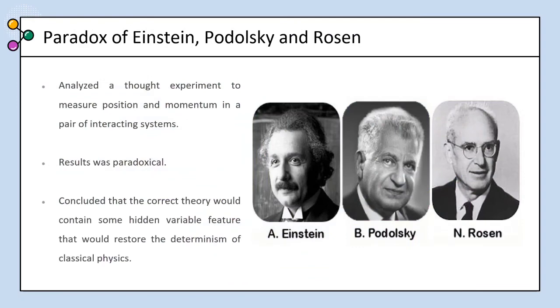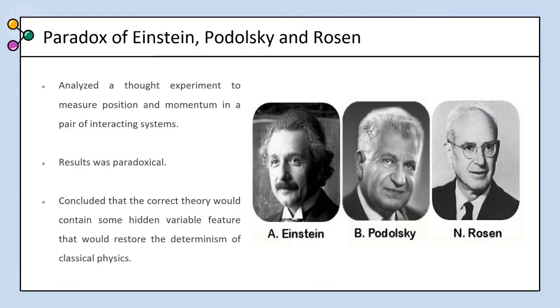Paradox of Einstein, Podolsky, and Rosen. Einstein and two other physicists in the United States, Boris Podolsky and Nathan Rosen, analyzed a thought experiment to measure position and momentum in a pair of interacting systems.